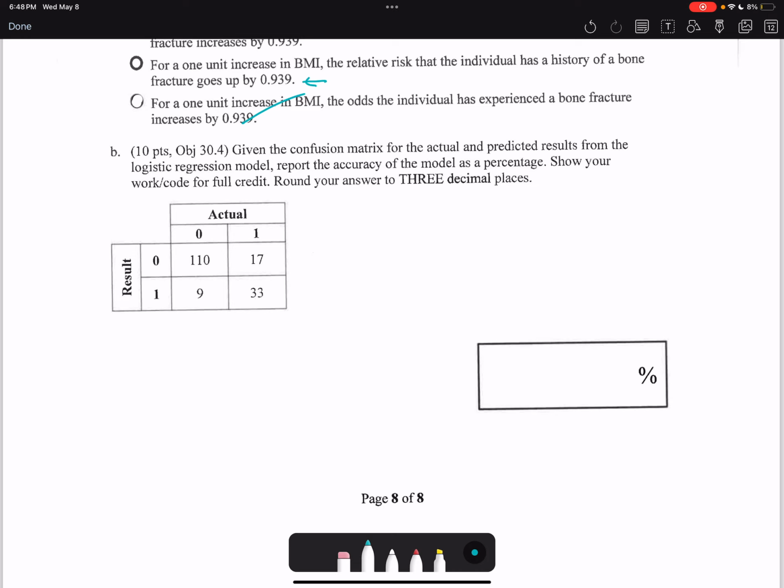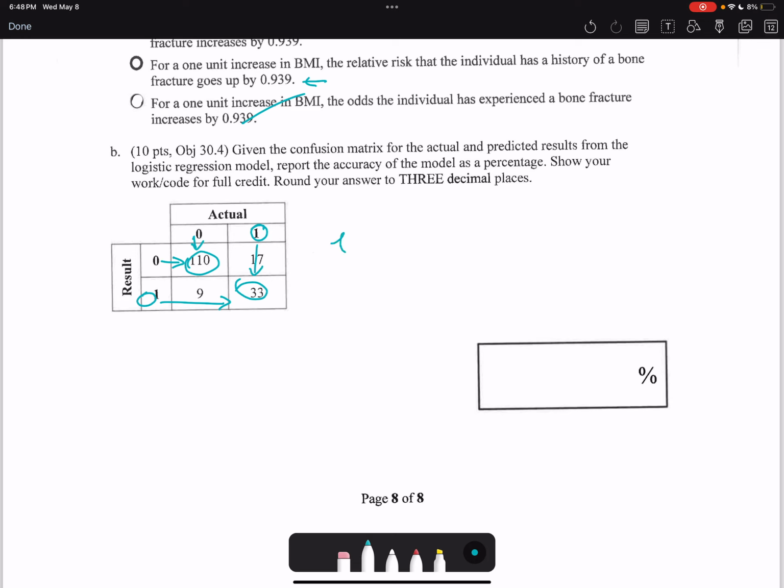So we know we have 110 plus 33. These are correct because the actual was, yes, they had a bone fracture, and the result of the prediction was, yes, they had a bone fracture. Here, the actual was, no, they didn't have a bone fracture, and the prediction was, no, they don't have a bone fracture. And everyone else was an error.